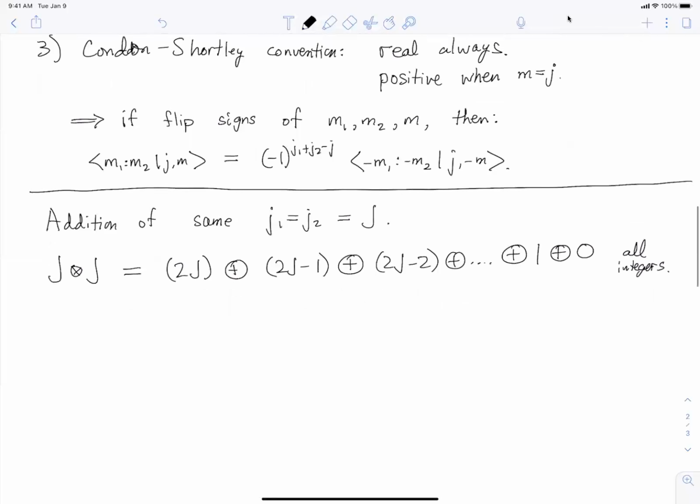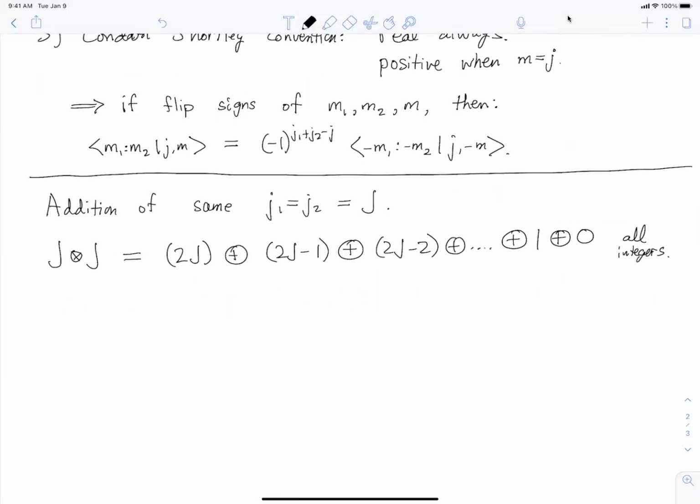And a nice thing is that you can assign symmetry labels to these as follows. The highest one is always symmetric. The next one is always anti-symmetric, and then they alternate. I can't tell you what 1 and 0 are because I don't know where it's going to end up when I alternate. But these symmetry labels, S for symmetric and A for anti-symmetric, are telling you what happens when you exchange the two angular momenta that you started with.